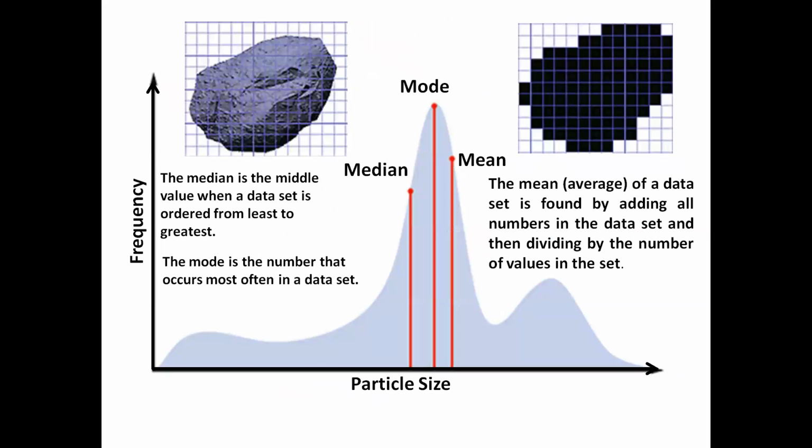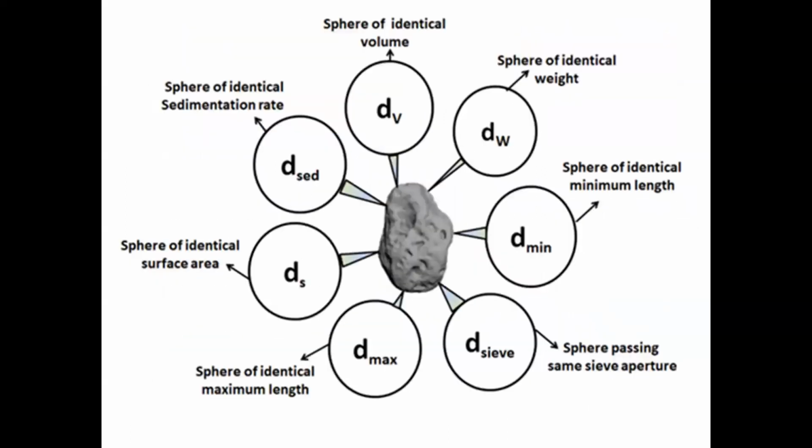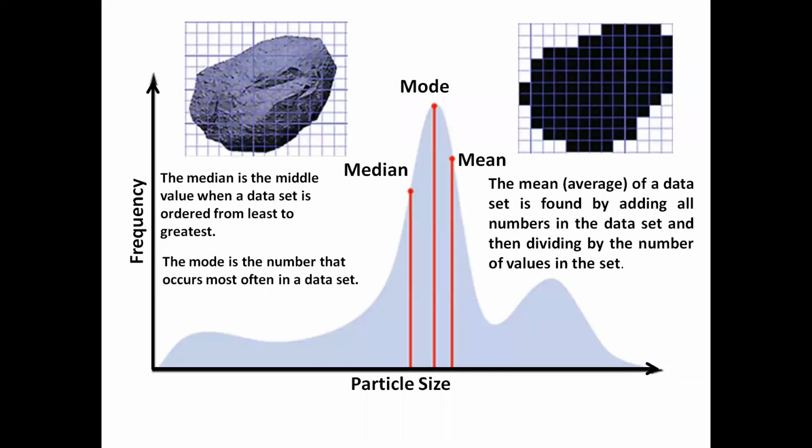Now, if you have a very fine particle, you have a technique to measure the particle size, but how will you represent it? Which one is the particle size? Suppose this is a particle; in the same material you will have another particle that differs from this one, then another particle. Ultimately, whatever dimension you selected, suppose you selected d minimum, the sphere of identical minimum length, this will come on the x-axis, and frequency will come on the y-axis.